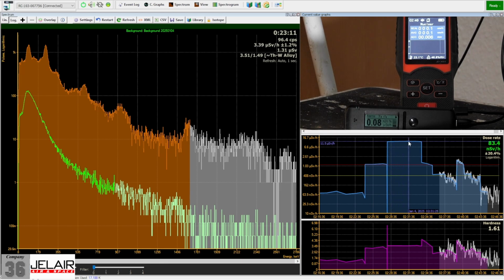You can see we were all the way up to about 12 microsieverts an hour when we were at the hottest. The rear element was shooting straight into the Radiacode.